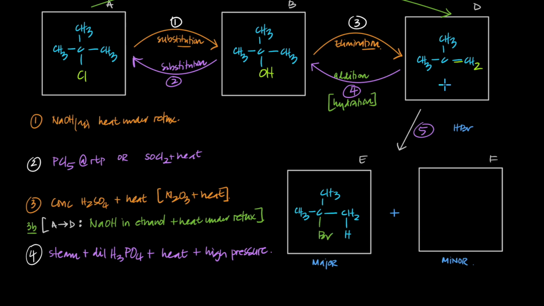That's your major product. Then the minor product would be CH3, C, CH3. That's a CH2. So you'd put the H there and you'd put the Br right there. That would be the minor product.